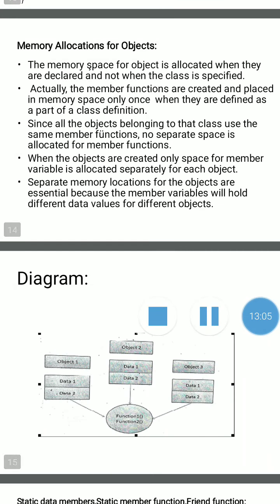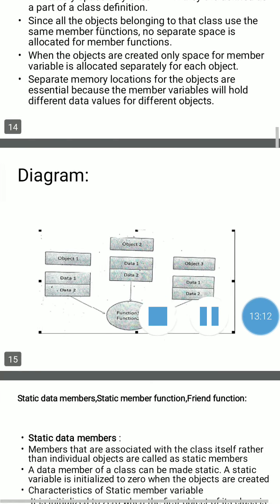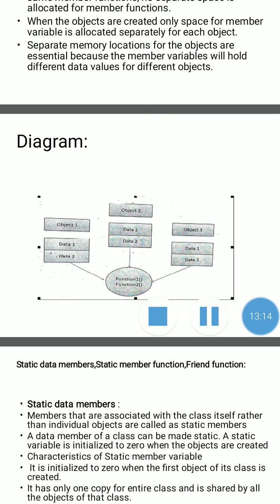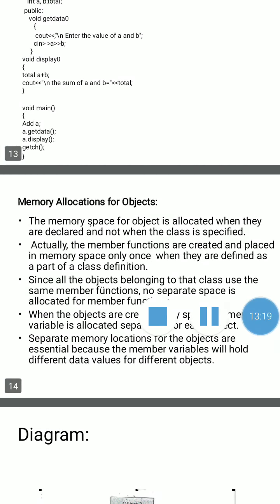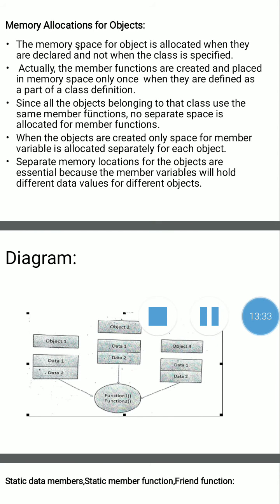Just take one example. Here we create three objects. The name of the class is add, and in the main function we create three objects: object 1, object 2 and object 3.